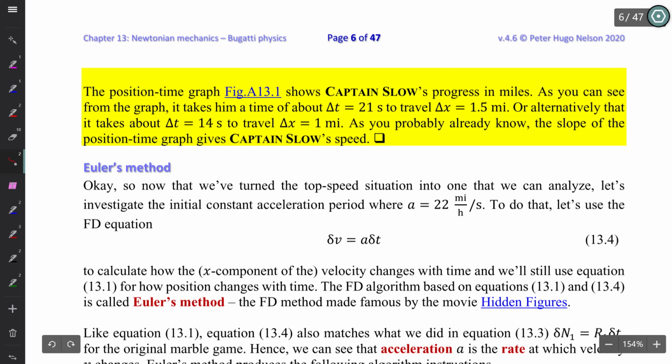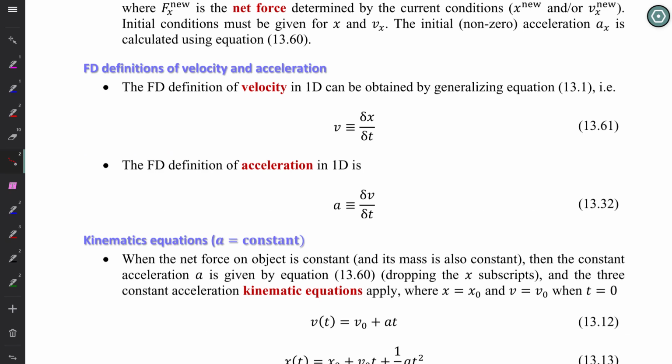Similarly, a small change in velocity can be predicted using the acceleration and a small time step, resulting in Euler's method. Those two equations can be rearranged to give finite difference definitions of velocity and acceleration.